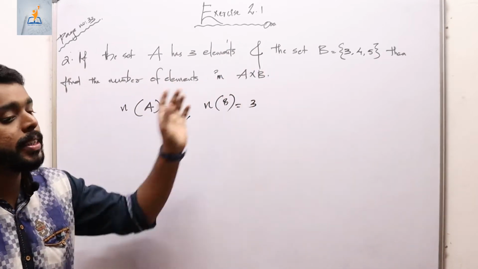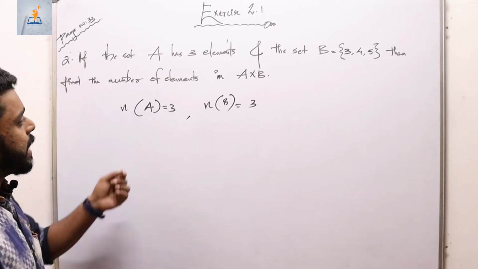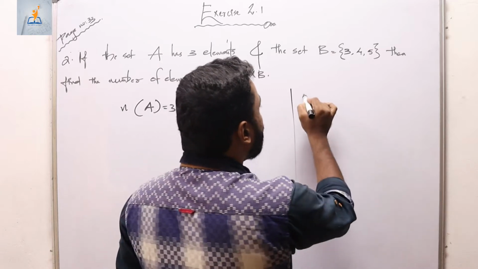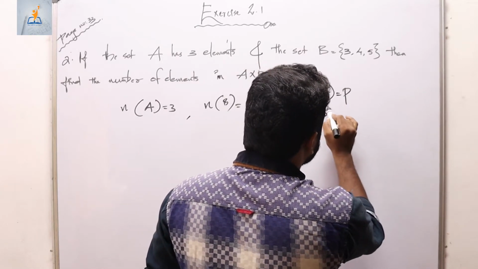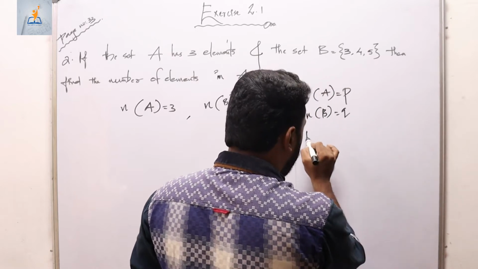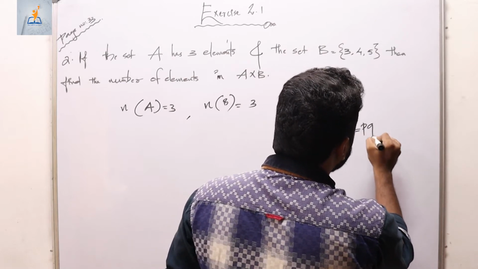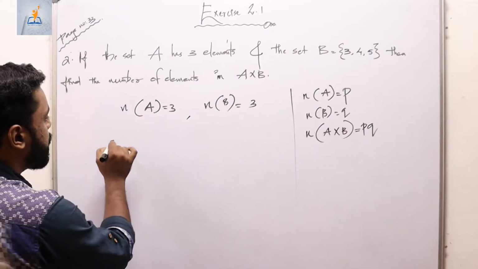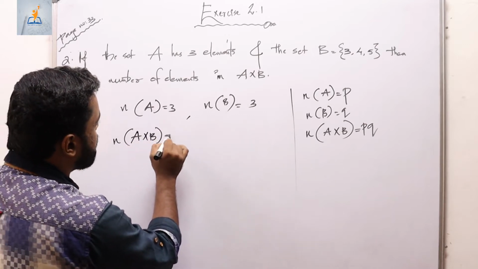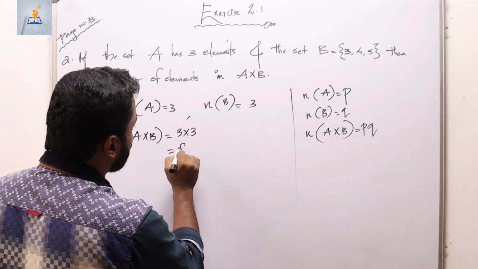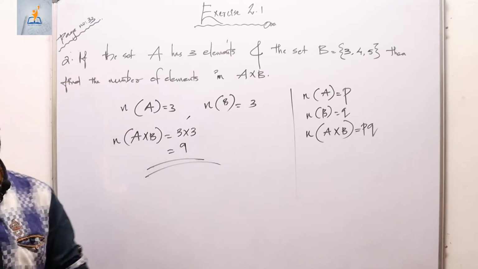Then we have to find the number of elements in A cross B. We know that whenever the number of elements in A is p and the number of elements in B is q, then the number of elements in A cross B is nothing but what? pq. That means the number of elements in A cross B in this case is 3 into 3, which is equal to 9, which is the answer to the second question.